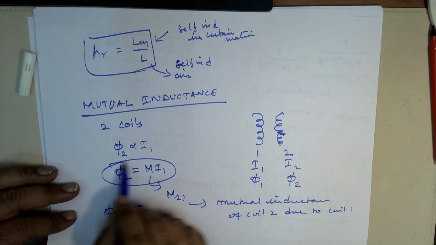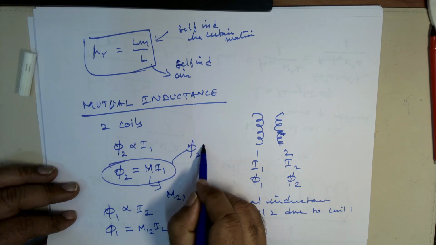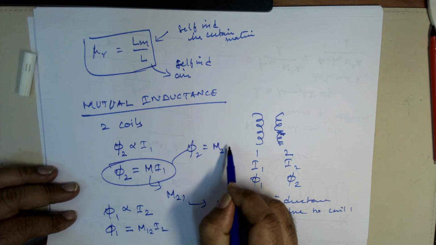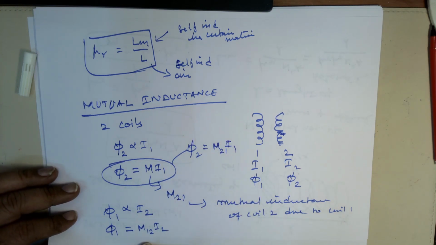So this is also represented as phi 2 is equal to M21 into I1. So in that case, M12 means what? That is the mutual inductance of coil 1 due to coil 2.